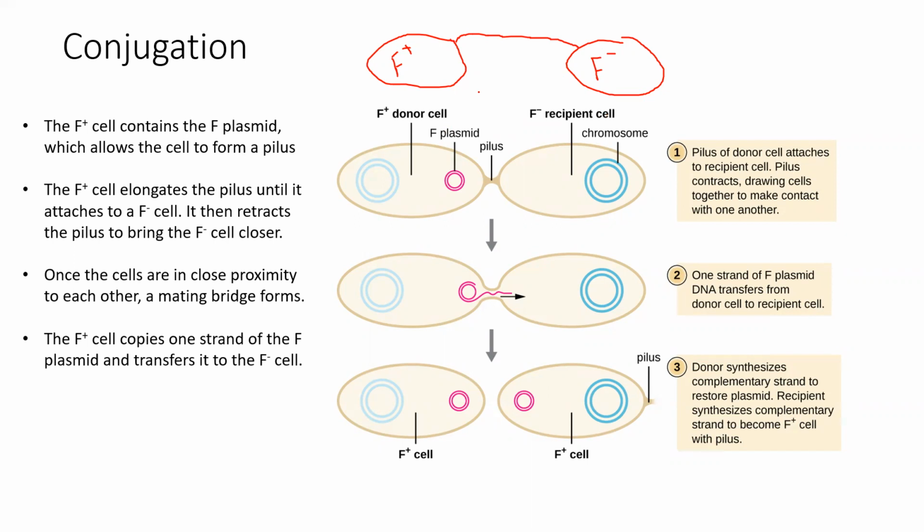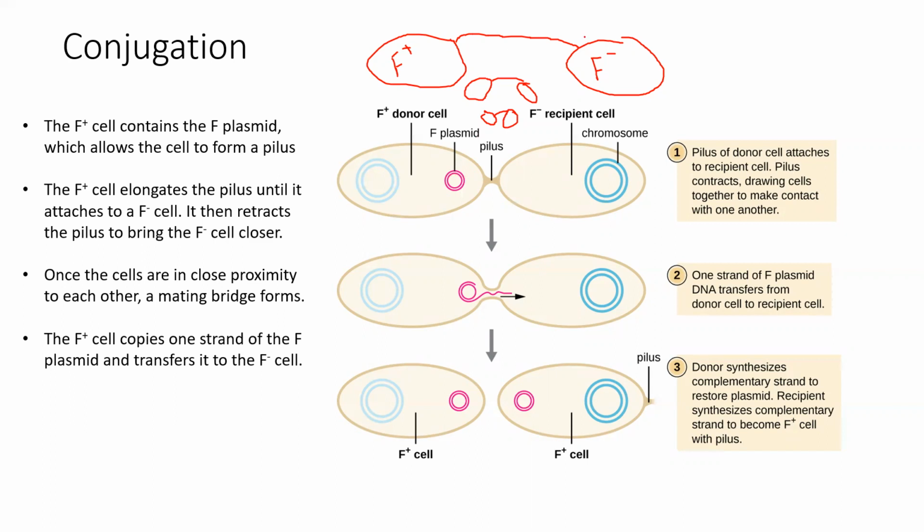Then it's like fishing where it reels in that cell. I'm going to draw it real small, but essentially the F+ cell is going to bring that F- cell closer and closer to it, until it's touching like this top illustration here.